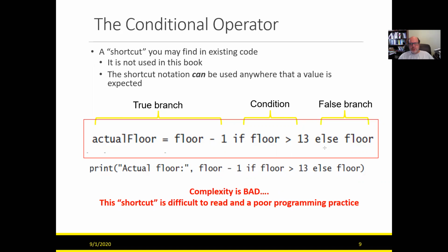So if the condition is correct, we're going to do this one. If it's not correct, we're going to do this one. The condition comes in the middle. So this is my condition. If this condition is true, I am going to do this one. If it is false, then I'm going to do this one.